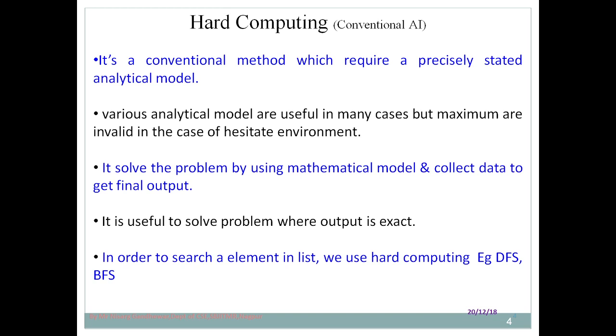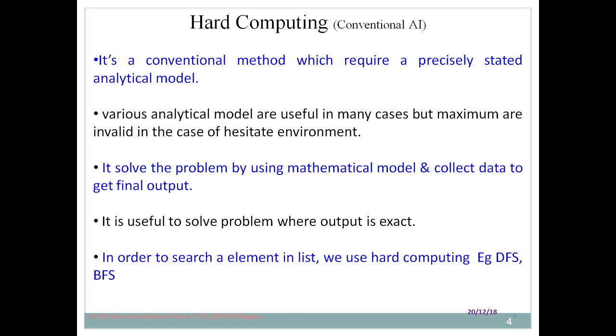One more thing we observe is that soft computing is useful where a mathematical model is very difficult to build, because in hard computing building a mathematical model is mandatory, but there are some problems where it's very difficult to build a mathematical model. So in that case you can make use of soft computing, and hard computing is useful to solve problems where the output is exact, as already discussed.